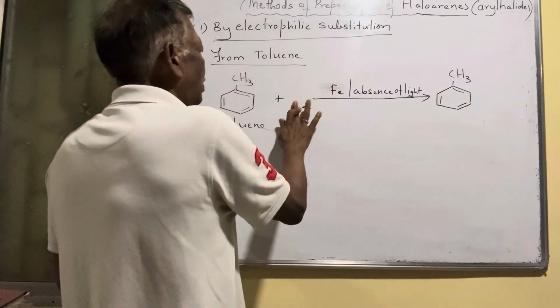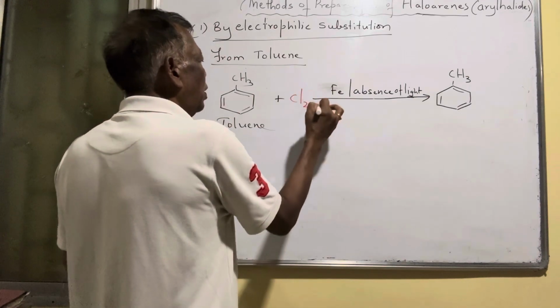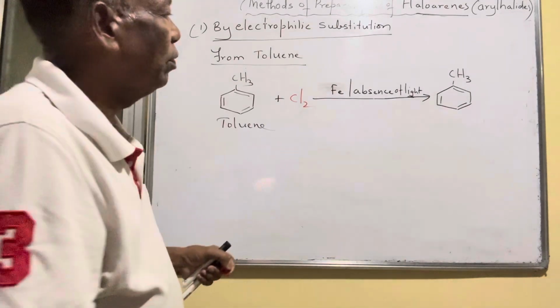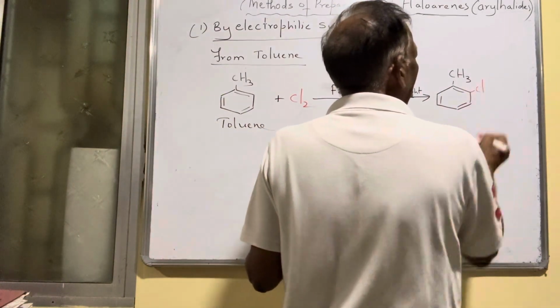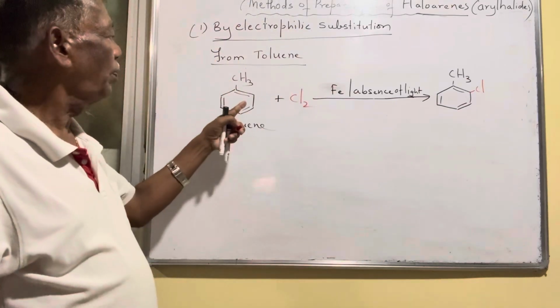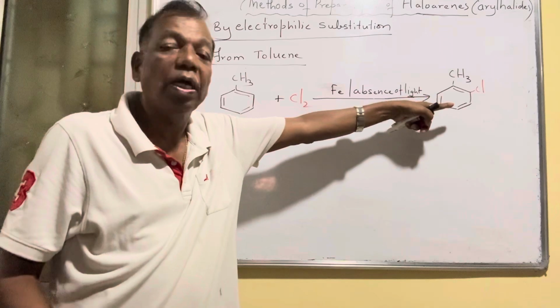If I want, I can explain this way also. See, the chlorine from here will go over here as Cl. How is that formed? Remember, H from here and chlorine from here have gone as HCl.